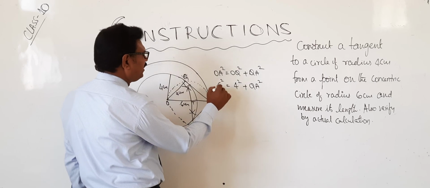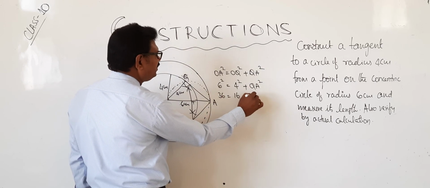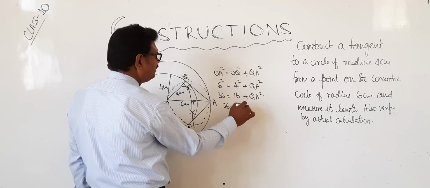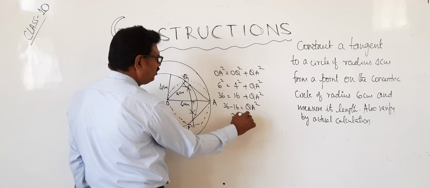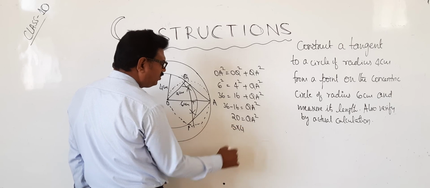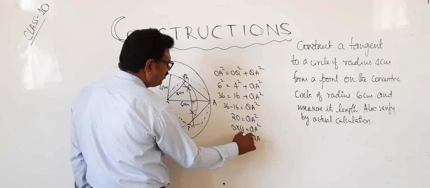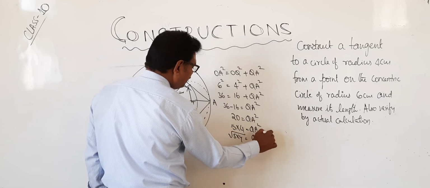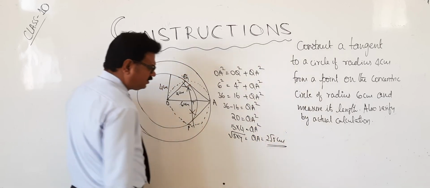Now 36 equal to 16 plus QA square. So 36 minus 16 is equals to QA square. 20 equal to QA square. 20 can be written as 5 into 4 equal to QA square. Therefore QA equal to square root of 5 into 4. It is nothing but 2 root 5 centimeters.